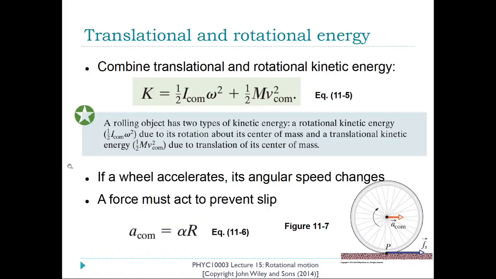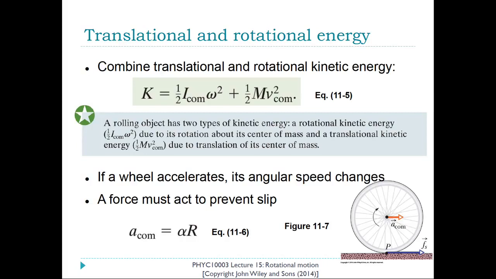So, reiterating our point, a rolling object has 2 types of kinetic energy: a rotational kinetic energy as it rotates around the center of mass, and a translational kinetic energy as it moves across in the x direction through space relative to its center of mass. So if a wheel accelerates, its angular speed changes.